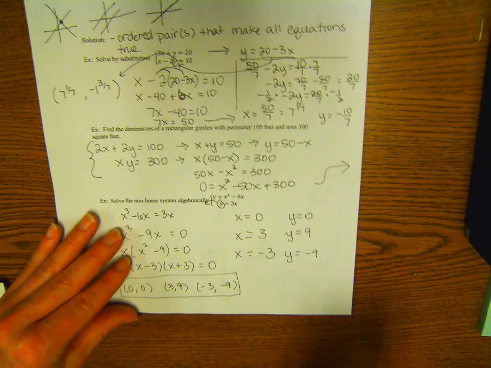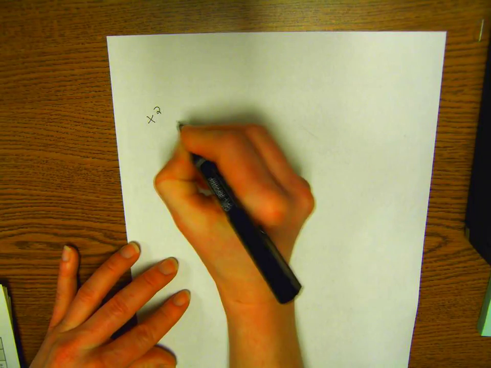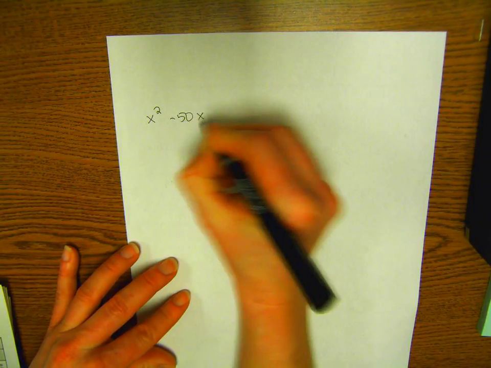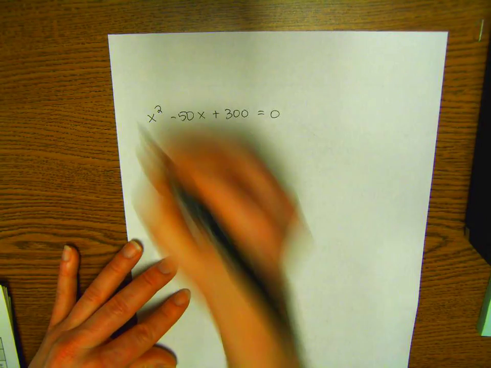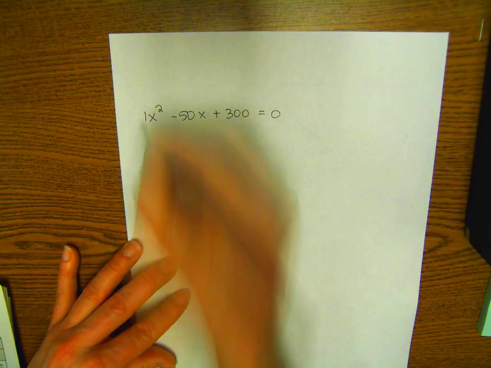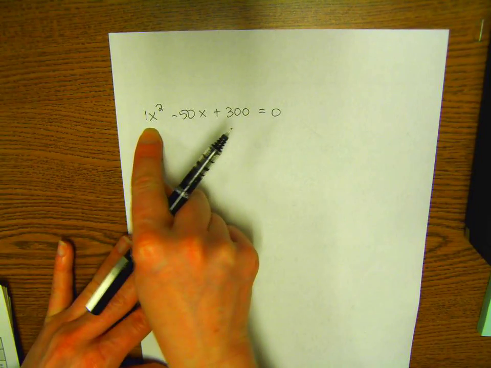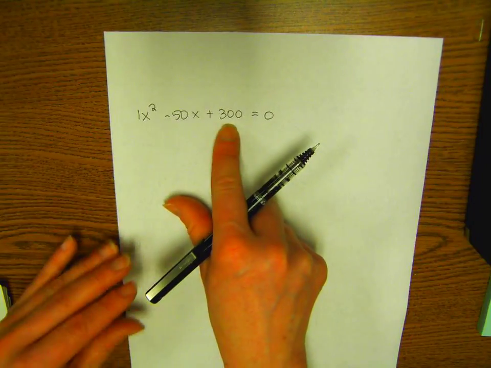So let's flip over to the back so we have some more space. A is the coefficient of x squared, B is the coefficient of x, and this is C. Does anybody remember the song?